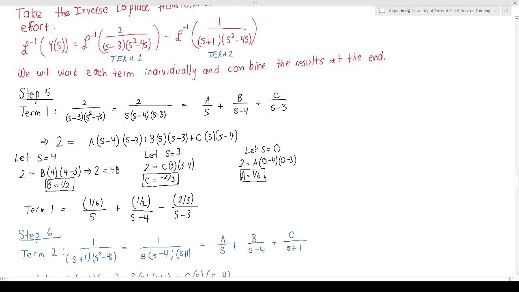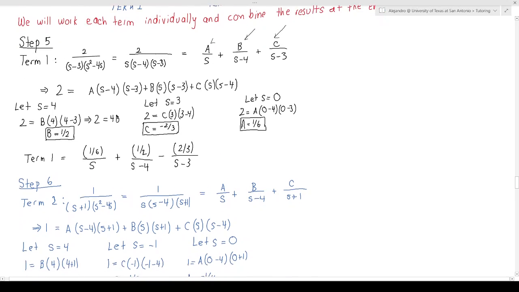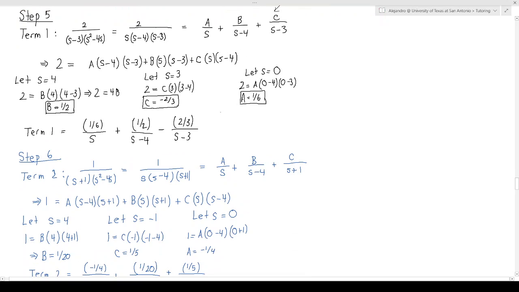And we'll notice that each factor has a real root. So we're going to use just constants: a over s, b over s minus 4, and c over s minus 3.